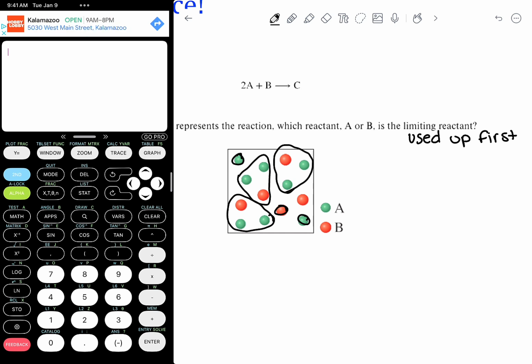what I have left over is a B. So what's left over, that's my excess.